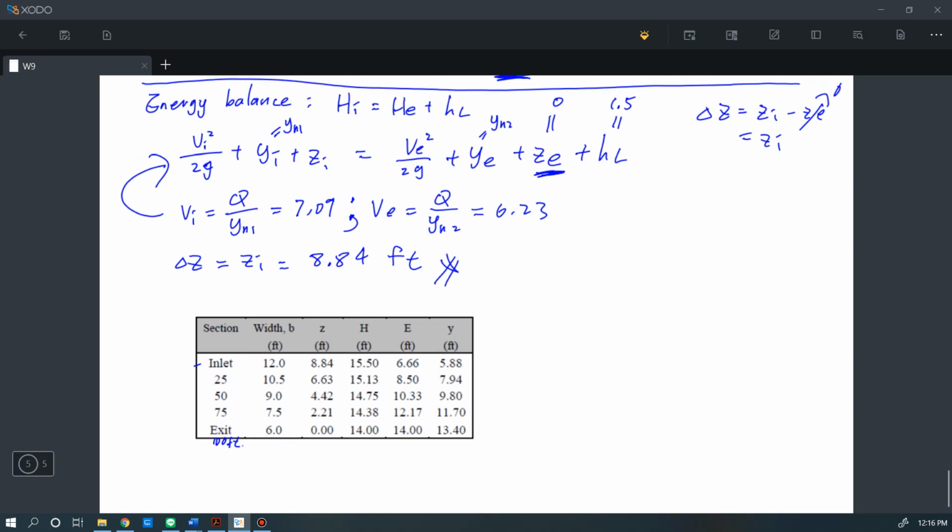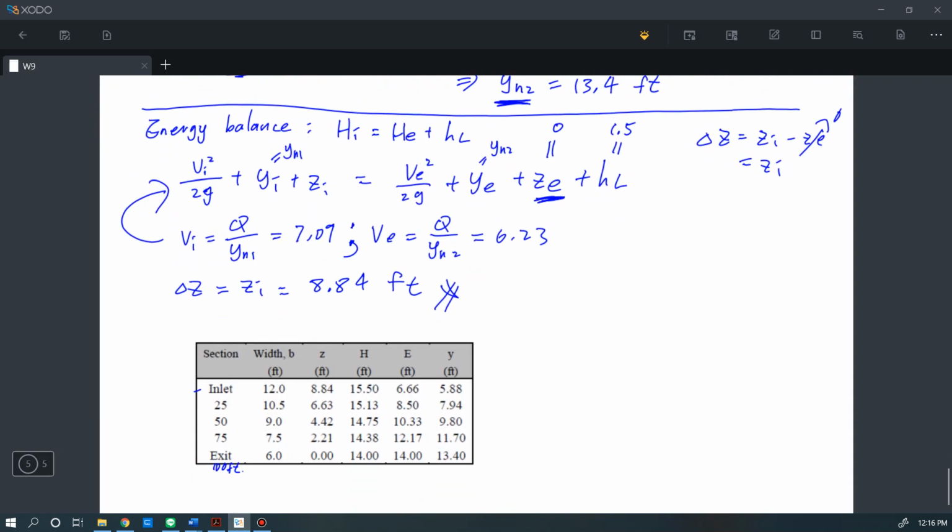And because the question says we have a linear change of the width, we can write down the width for the transition channel to have a linear decreasing value from 12 to 6. And because we also solved that the elevation change is equal to 8.84, and it also linearly decreases from the inlet to the axis, we can also calculate this value for the z.